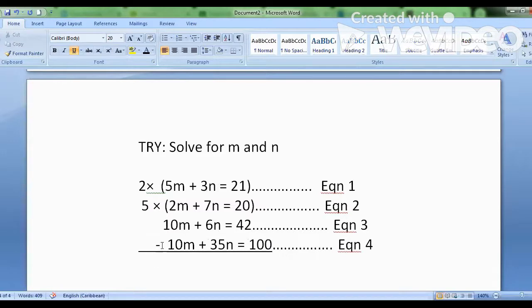You're going to subtract. And then if you take 35 from 6, you're going to have negative 25. Is that correct? 29, sorry. Negative 29, and then you're going to have negative 58.